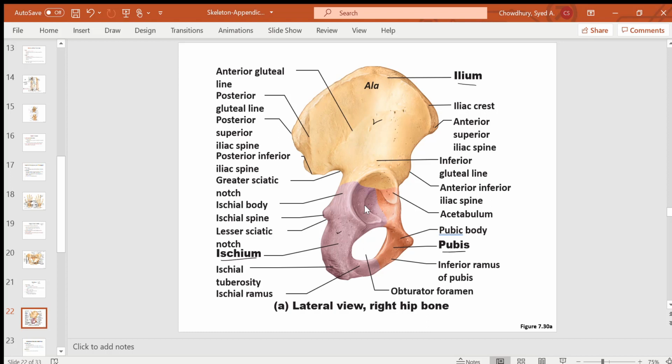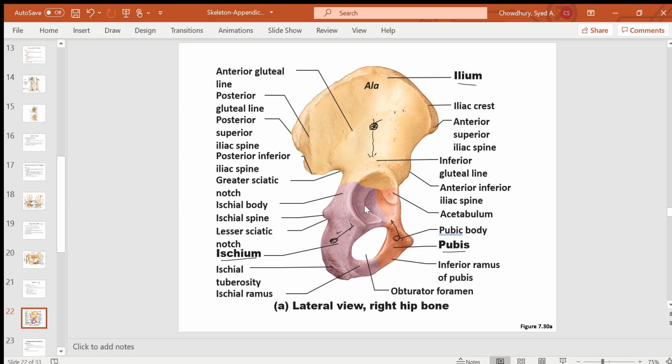When this bone is formed, it originates from three separate points. From here the ilium is formed, from here the ischium is formed, and from here the pubis is formed, from three ossification centers.